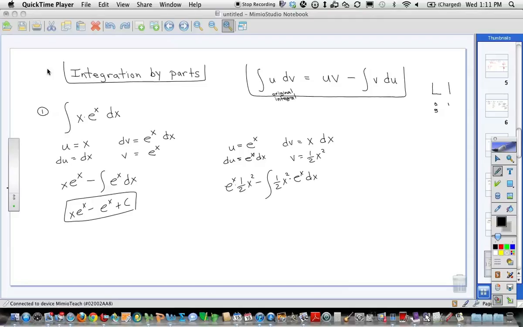I'm going to put an I for inverse trig. All right. So log and inverse trig. Those are our first choices for U because we don't want those to be the dv.